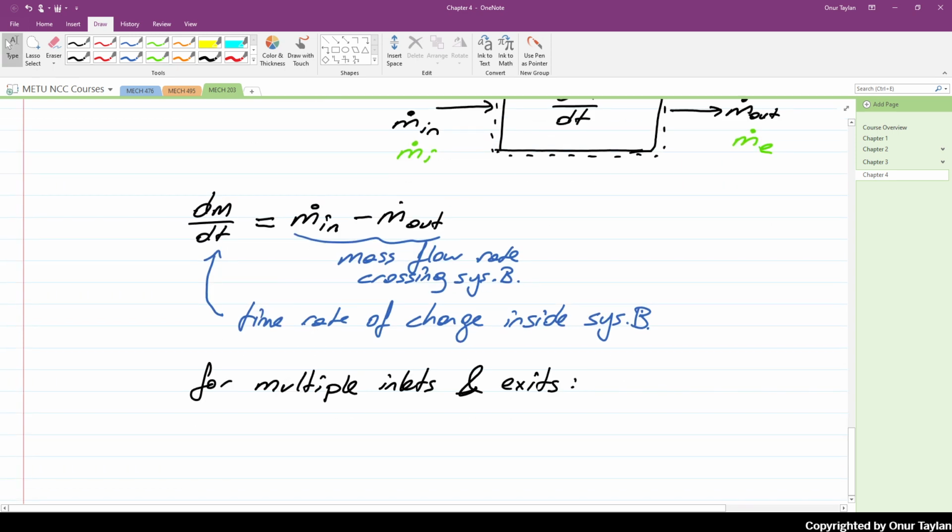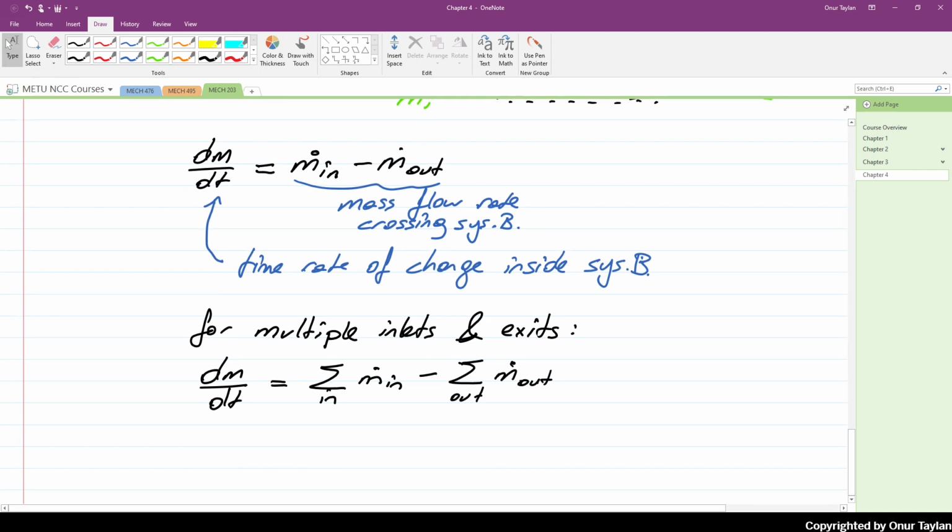If that's the case, there's nothing too complicated: you sum the inlets and you sum the exits. That's it. If you have multiple of them, you sum them. So this is the more generalized form of the previous one.